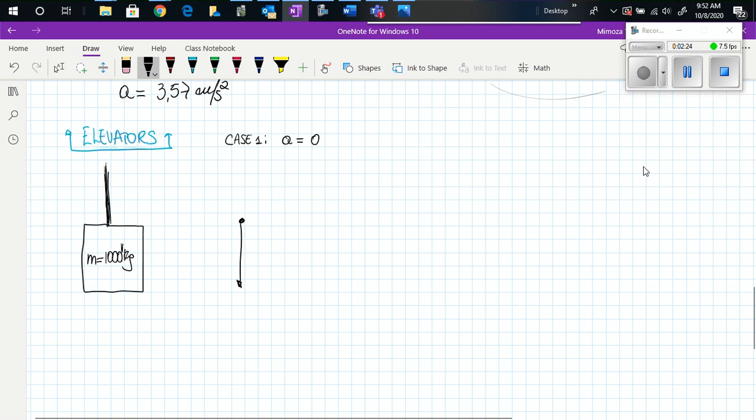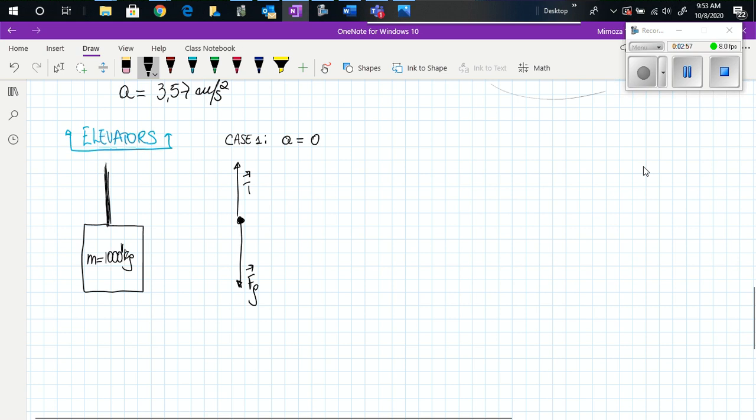The object of our interest is the dot. Then we have the universal force of gravity, which is always toward the center of the Earth. For simplicity, we will consider that there is only one string that the elevator is tied with, even though this is not the case, because our security would be in huge jeopardy. And we have a tension that goes along the string, from the object along the string.